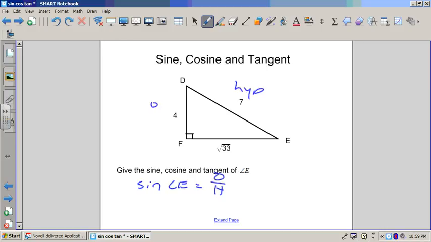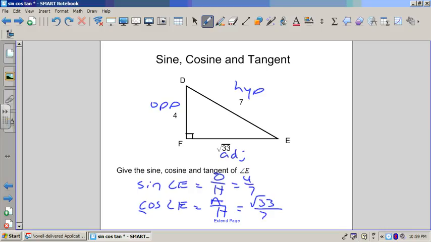The opposite of E is here. And so my sine is going to be 4/7. The cosine of angle E is going to be the adjacent over the hypotenuse. Caught another hippie. The adjacent over the hypotenuse is going to be the square root of 33 over 7.